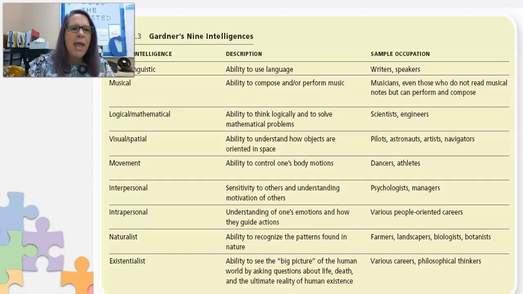In education, they like to tell teachers, figure out what intelligence your kids have and make sure you're designing your lessons around those types of intelligences. And it's very exclusive. It's saying that you only have one type of intelligence or you can only learn one specific way. And that is really not what Gardner had said with his theories.